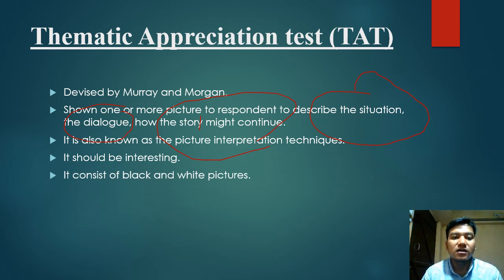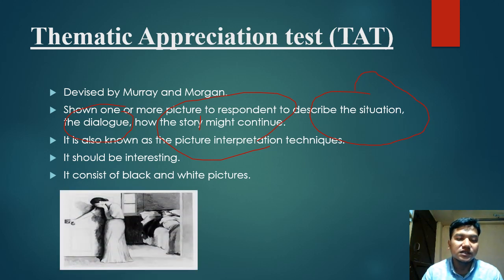Yes, most of the stimulus which is provided to the respondent in this test, that is the Thematic Apperception Test, is mostly black and white pictures. See, in this picture we can see the girl is behind the wall and one boy is lying on the bed.